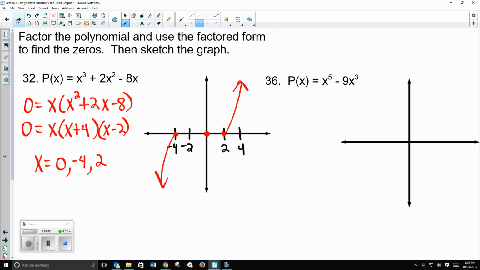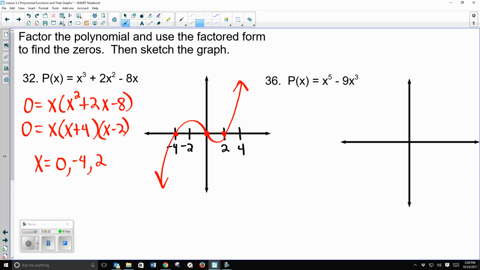So it's going to pass through and look like that. We don't really know how high that goes up or how far that comes down unless we plug in some points, but we're not worrying with that right now. So this was a pass-through, this was a pass-through, this was a pass-through. We'll see in the video some more examples if we have time for it.